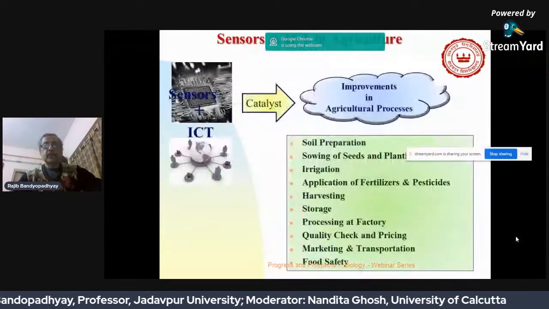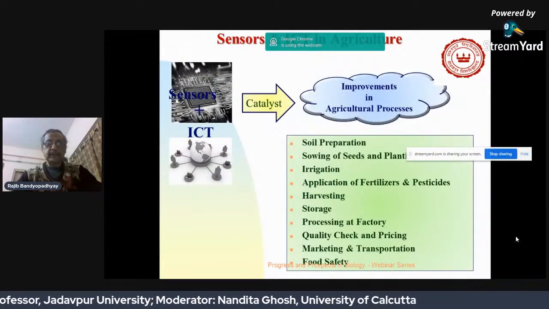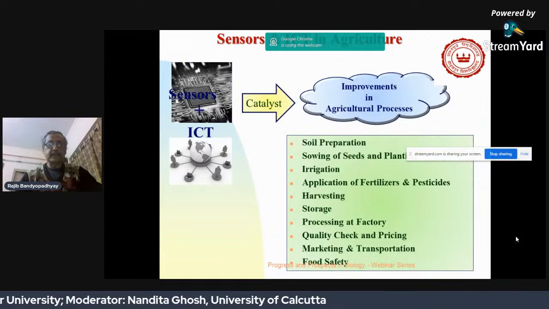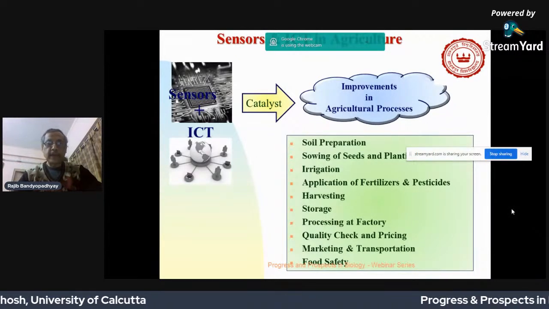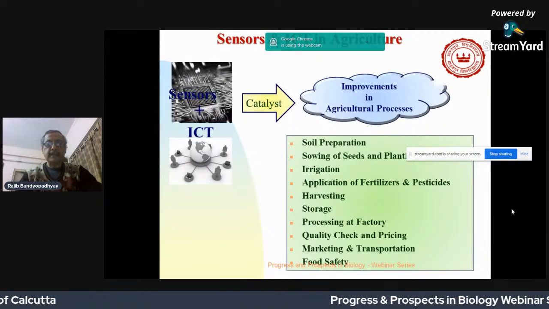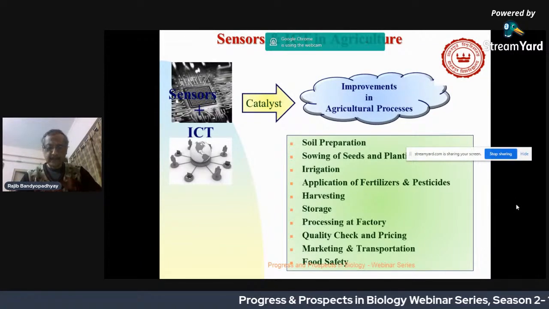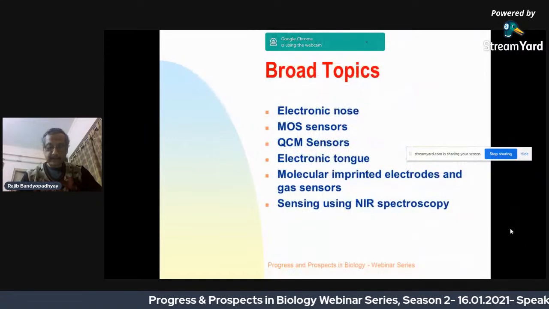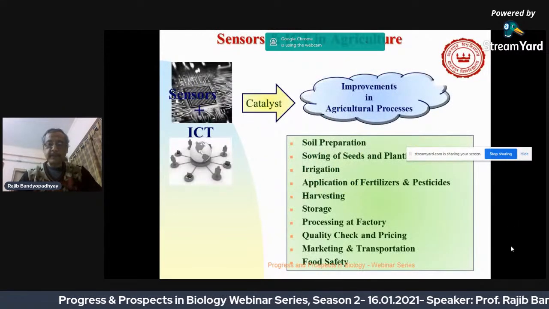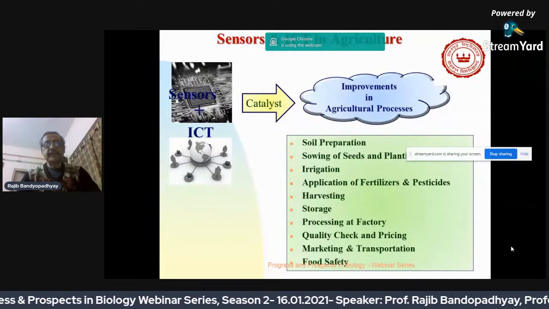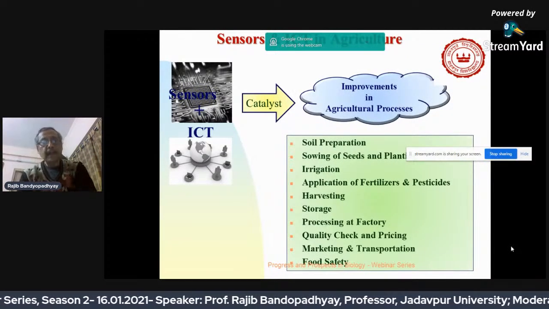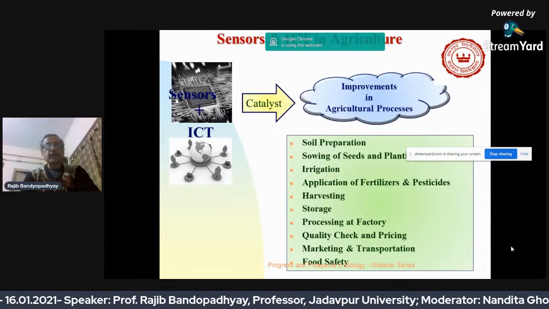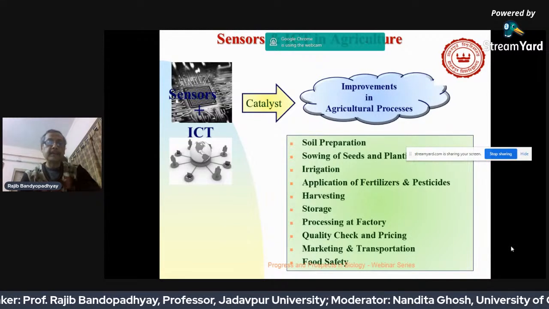Sensors and ICT are possibilities for preparation of soil, sowing of seeds and planting, irrigation, application of fertilizers and pesticides, harvesting, and storage. In every stage sensors may be employed, and they are necessary, because most things are done manually.